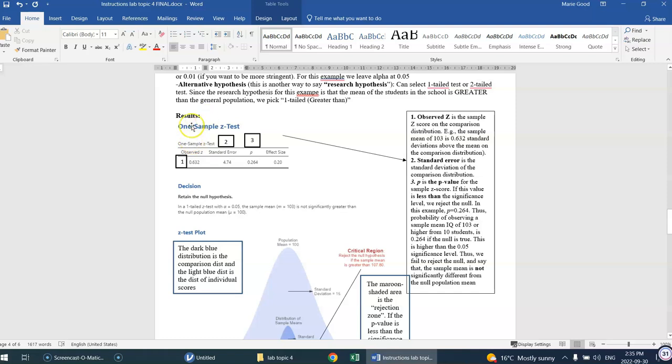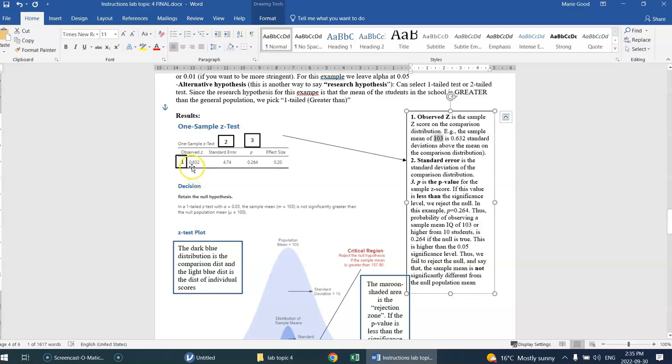The one sample Z-test results start off by giving you a table, and there are 3 pieces of information that we're going to pay attention to in this table. The observed Z is the sample Z-score on the comparison distribution. So the sample mean, which we know is 103, has a Z-score of 0.632 on the comparison distribution.